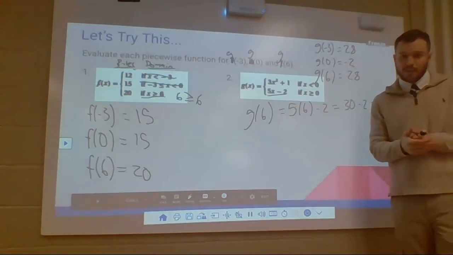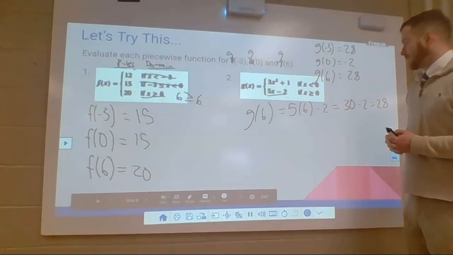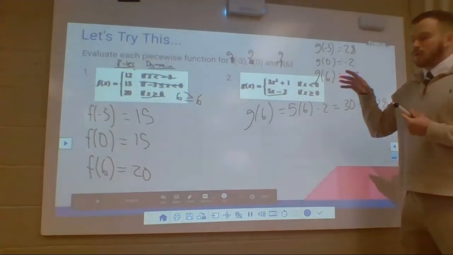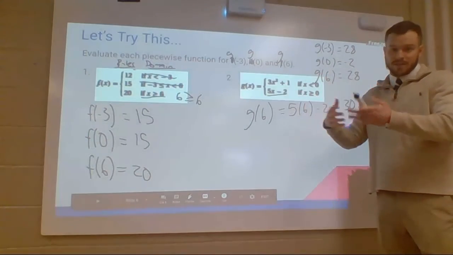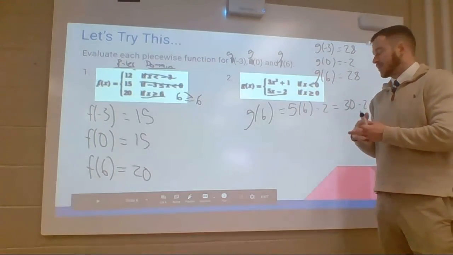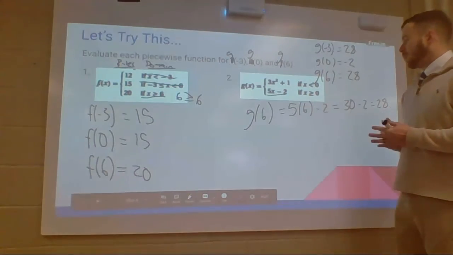Right. So this is how we evaluate piecewise functions. When we substitute in here, this actually gives us points on our graphs. I'm not having us graph for this lesson, but we're getting points that we could graph.